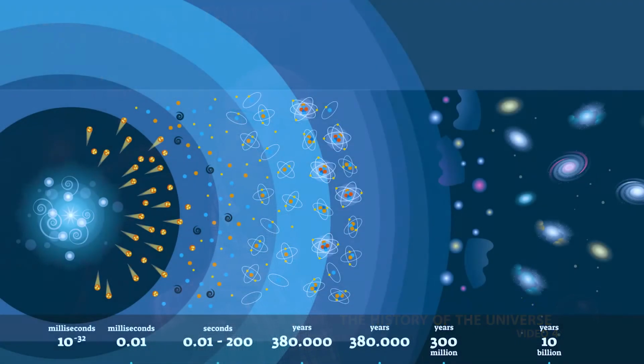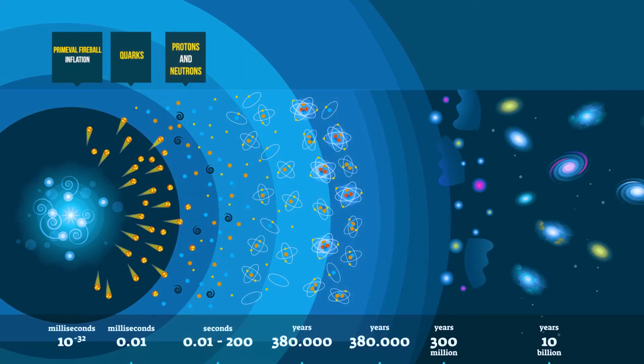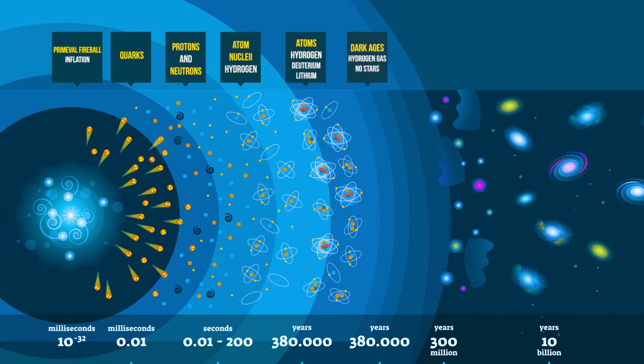Now, as cooling continued, the fundamental subatomic particles of ordinary matter began to appear and interact, forming quarks, and then protons and neutrons, and then atoms, and then molecules of hydrogen. And this provided the raw material to create stars and galaxies.